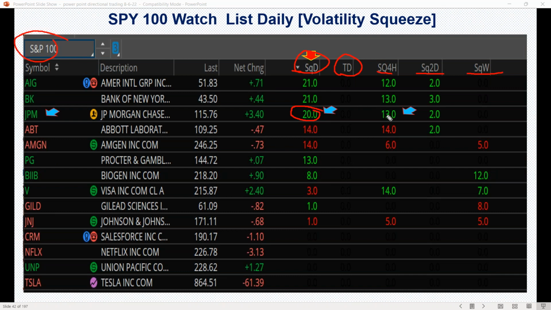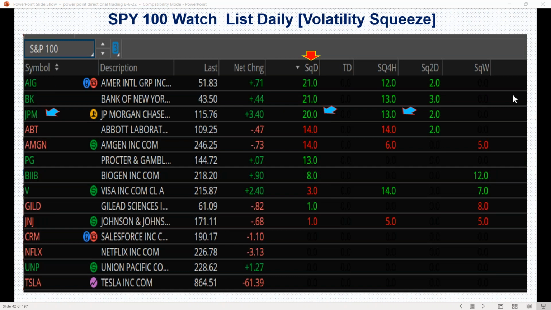JP Morgan also has a 4-hour squeeze, it's been in for 13 bars, and also has a 2-day squeeze. So it has a good probability for a directional break to the upside. No guarantee, but trading is a business of probability, so you want to select the best probability. And this is saying there's a good probability for a move up.